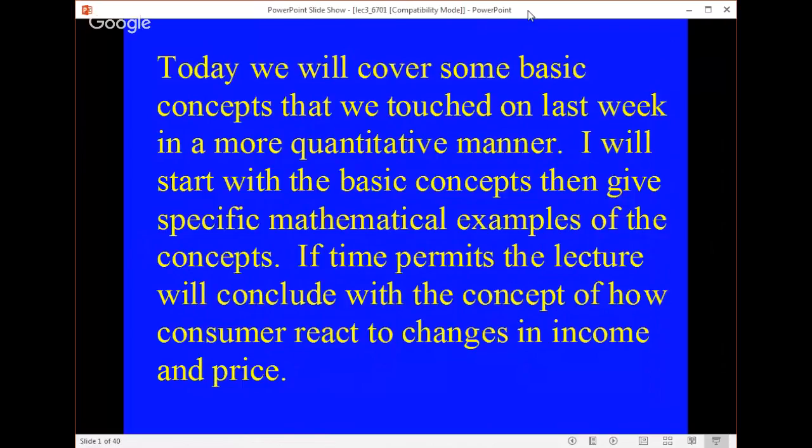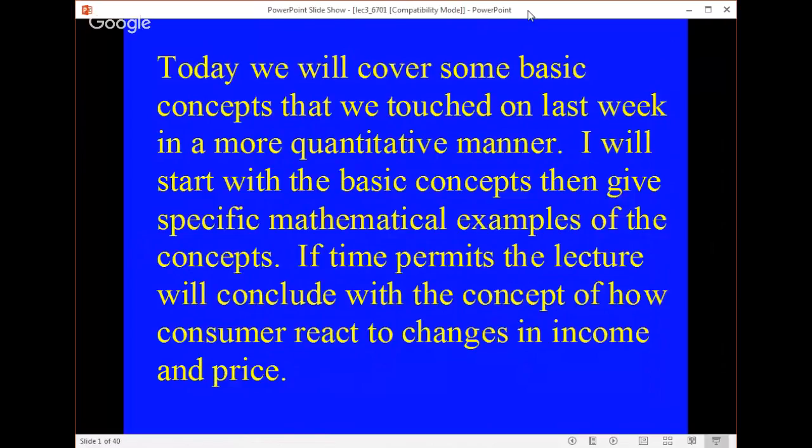I minus PXX minus PYY. So this is our objective function, this is our constraint.